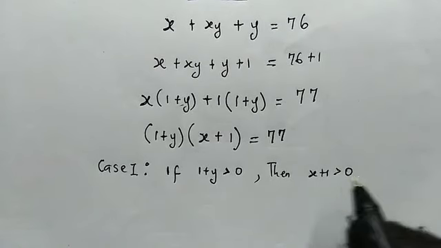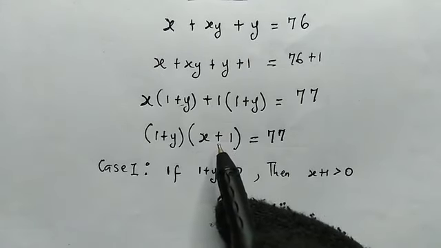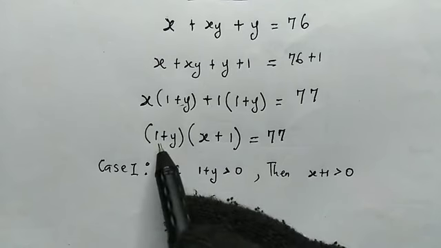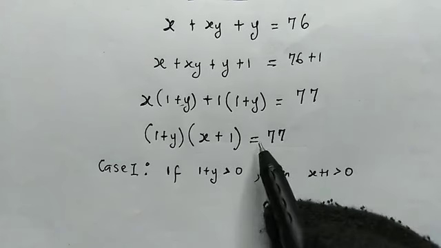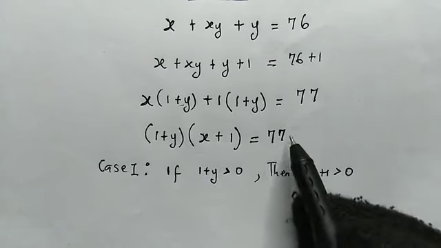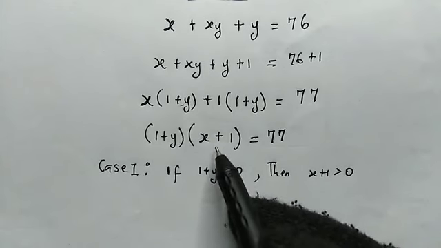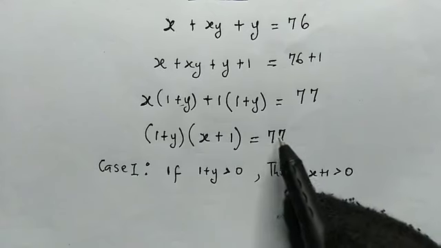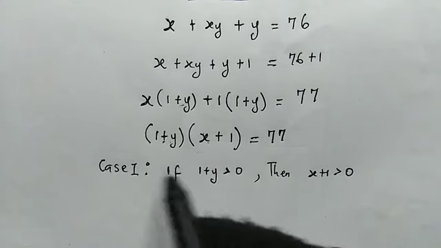For if 1 plus y is greater than 0 and x plus 1 is less than 0, then we're going to have a negative outcome on the right hand side. Because the right hand side is positive, the two factors must both be positive in this case.